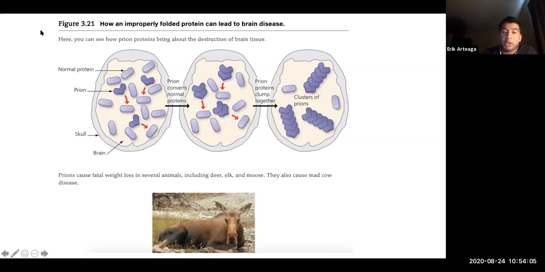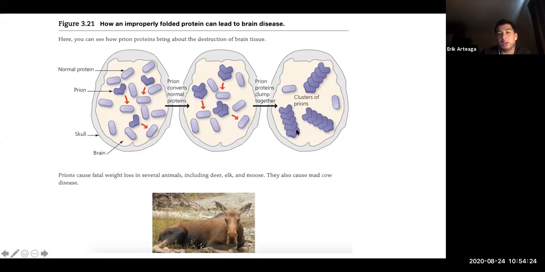So here you see the prion proteins. Prion proteins are essentially going to change other normal proteins into the prion structure. So I believe it's alpha helices, or beta, I think it's beta pleated sheets into alpha helices.